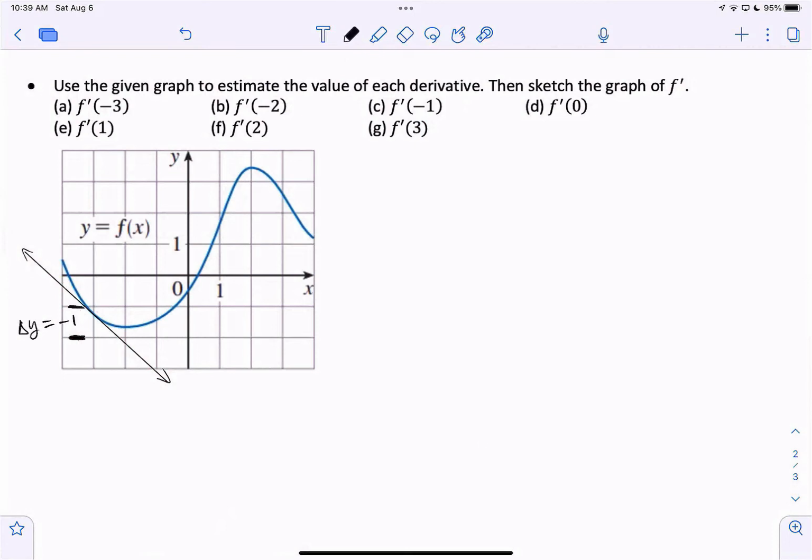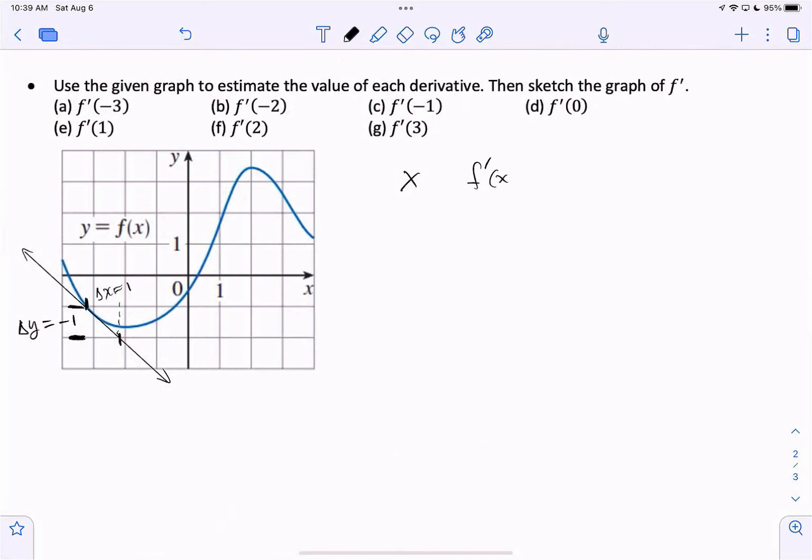Then I'm going to estimate, okay, for the x values, how far does this go? Looks to me like it's about 1. So here, I'm going to say change in x is approximately 1. Now I'm going to put this in a chart over here, and you'll see why I'm doing it this way in a minute.